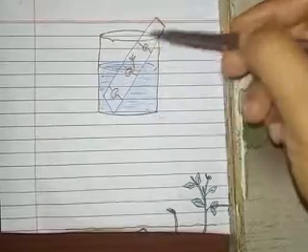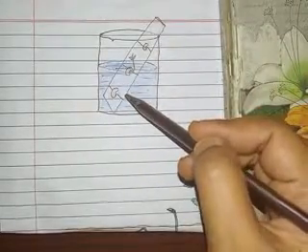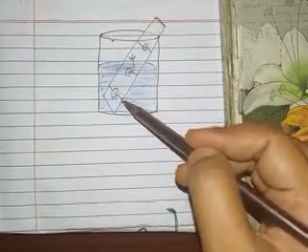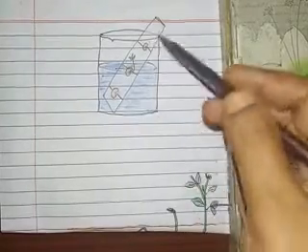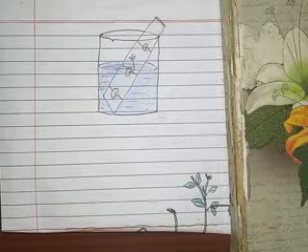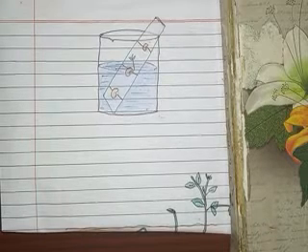So this particular experiment proves that water and oxygen both are required for the process of germination. Understanding? So this is the famous 3 bean seed experiment explaining that water and oxygen both are required for the process of germination. Understanding? Okay.